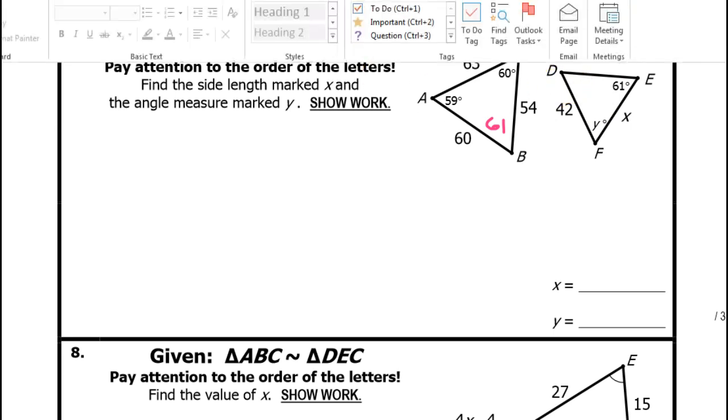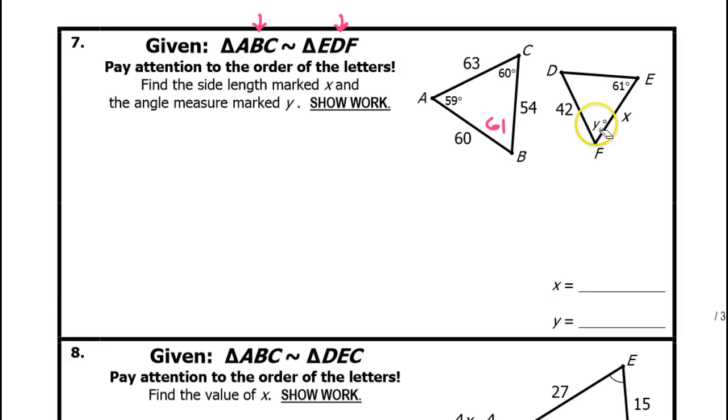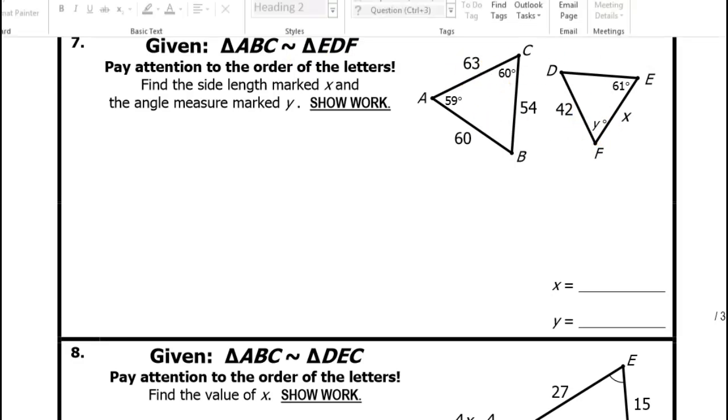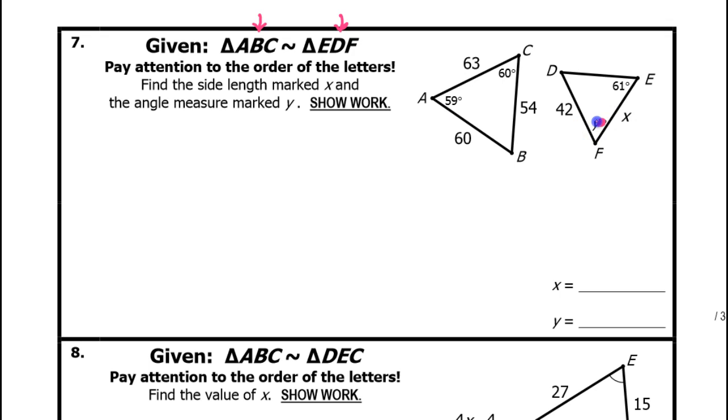We really can't find Y because the angles don't make sense, so we're going to ignore that part of it. Ignore the angles. In fact, just ignore all of the angles, and we will just find x instead.